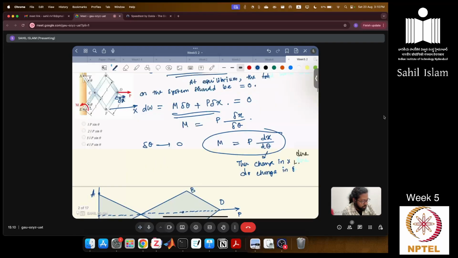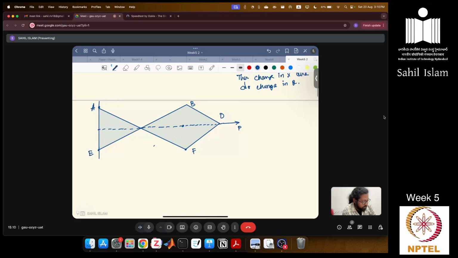This is the free body diagram for this, and every length is L. So this angle is theta, let's say, and also this angle is theta.